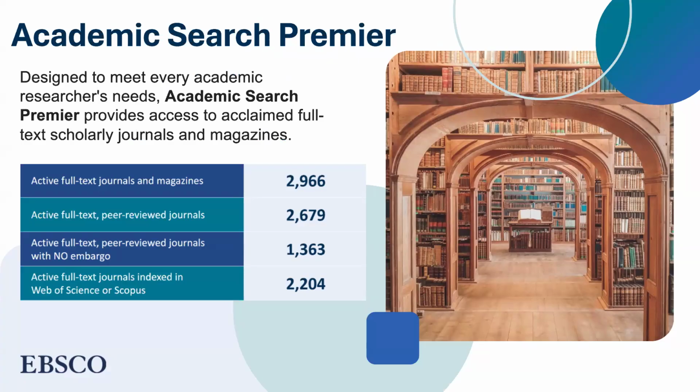So with Academic Search Premier, students have access to almost 3,000 full-text journals and magazines. Over 2,600 of them are peer-reviewed or from peer-reviewed journals. Over 1,300 of them are from full-text peer-reviewed journals with no embargo, so no limits on when that content is released. And then over 2,200 of them are indexed in the Web of Science or Scopus.